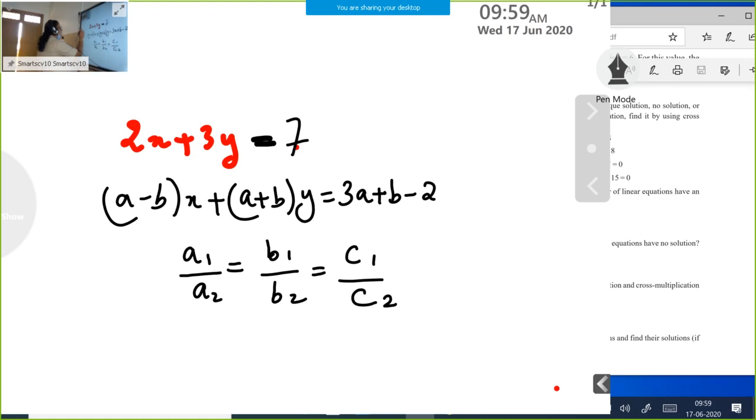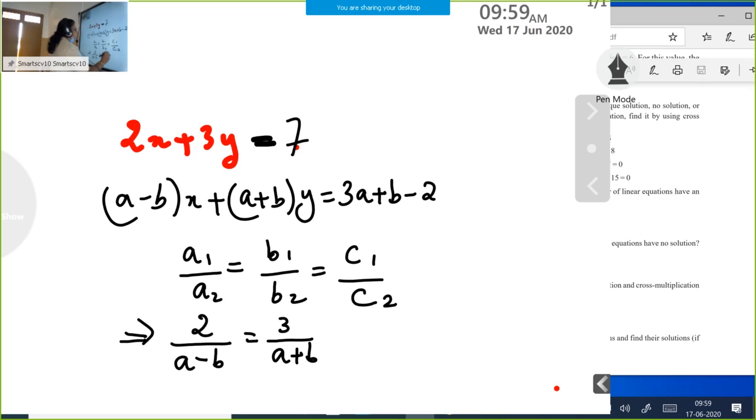Then take the coefficients. In the first equation a1 is 2, divided by the second equation a2, a minus b. So 2 divided by a minus b is equal to 3 divided by a plus b, where b1 is 3 and b2 is a plus b.